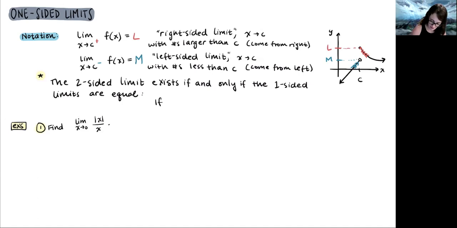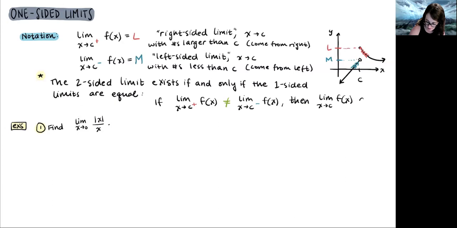So we'd say if the limit as x approaches c from the right of the function does not equal the limit as x approaches c from the left side of f of x, then the two-sided limit, the limit as x approaches c from both sides, does not exist. And we can abbreviate that as DNE.